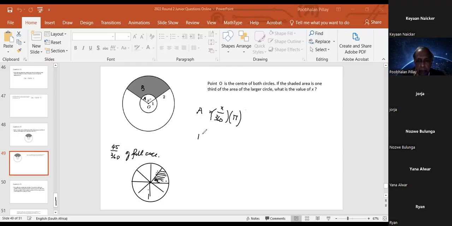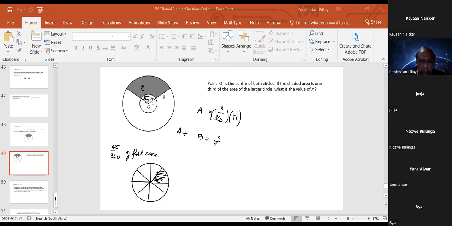Okay, let's have a look at B. Well, we don't know A, but we do know A plus B. We need to calculate B, right? The shaded part. But A plus B is this pizza piece, right? In other words, I'm adding all these guys here. That's A plus B. And for the same reason, you still got x inside.